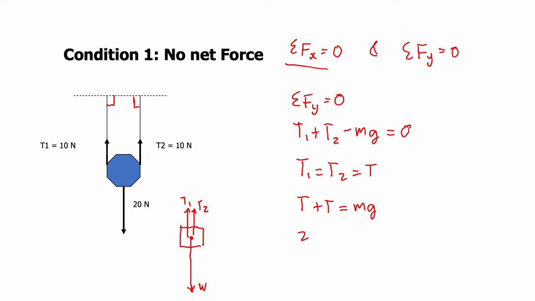This is 2T, equal to the mass times gravity, so that's 2 times 9.8, which is equal to 19.6 newtons. So we have T equal to 19.6 divided by 2. That's 9.8 newtons. So this is the value of T.